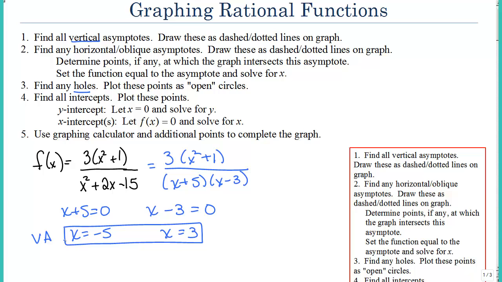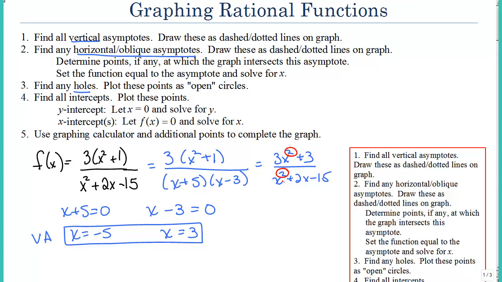The next thing we want to do is find any horizontal or oblique asymptotes. That's where we look at the degree of the numerator and the degree of the denominator. If I were to distribute this 3 and write this as 3x squared plus 3 and look back over at the original function in the non-factored form, the degree of the numerator is 2 and the degree of the denominator is 2.